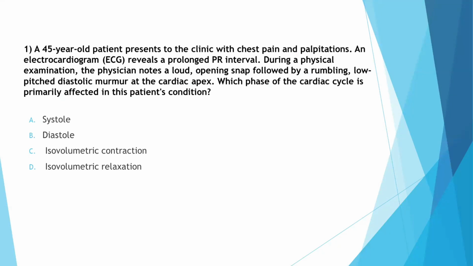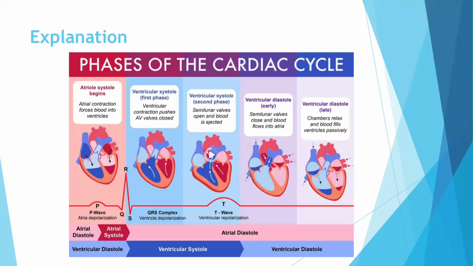Now, to crack this question, you need to understand the specific ECG patterns, which represent the specific phases of the cardiac cycle. So when we talk about different phases of the cardiac cycle and the ECG interpretation, we can see in this image that the atrial systole is indicated by the P wave, which is called the atrial depolarization.